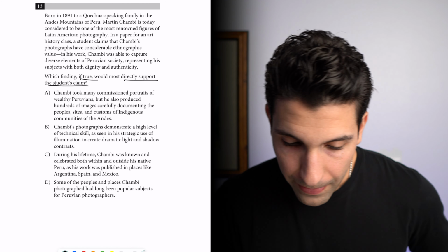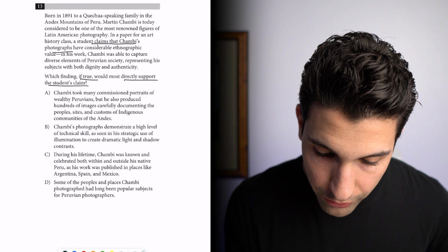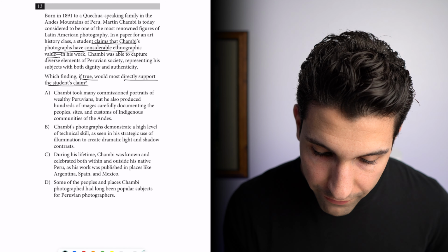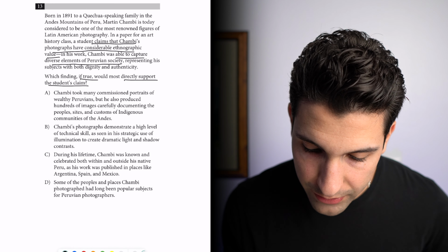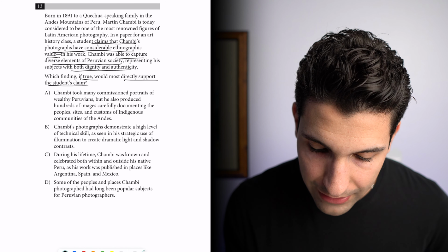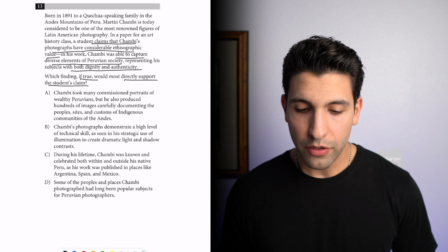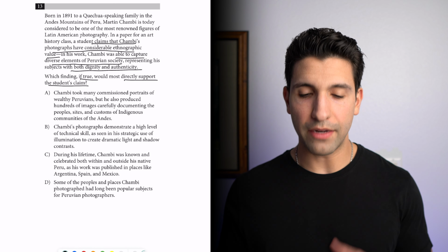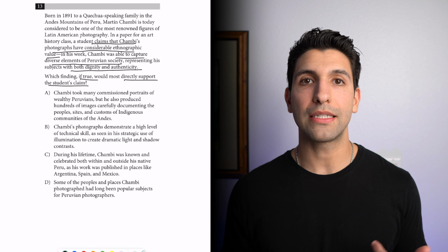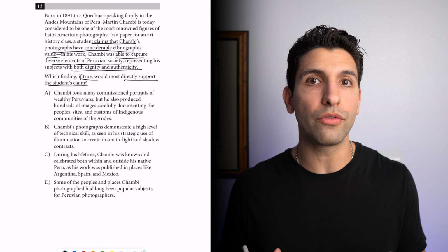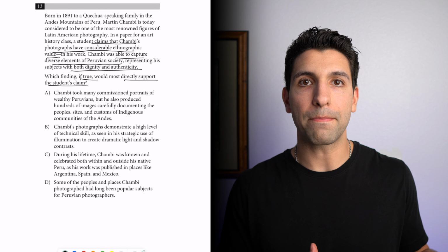So a student claims that the photographs have considerable ethnographic value. Chomby was able to capture diverse elements of Peruvian society representing his subjects with both dignity and authenticity. So the claim is that the photographs show the diverse elements of the Peruvian society. So we need to look at the answer choices and see which one of them, if true, represents that claim.